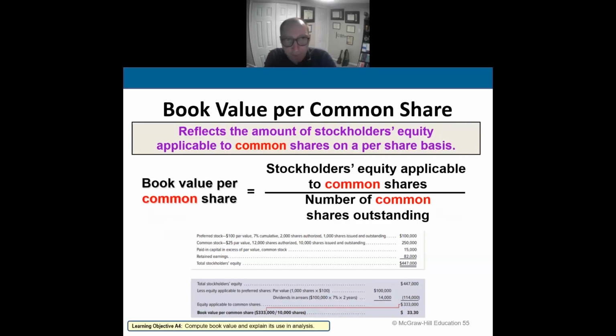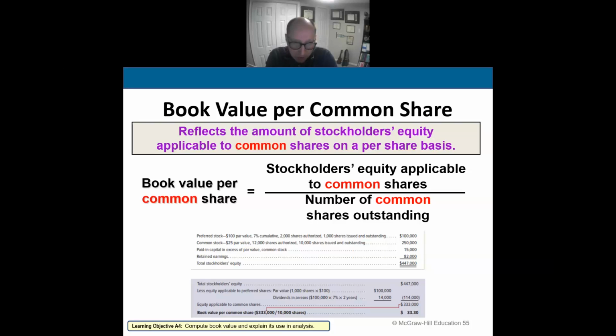This is the last one. This one's called book value per common share. Book value refers to the value that it's worth. What it's worth is usually different from the market value and the stated value.